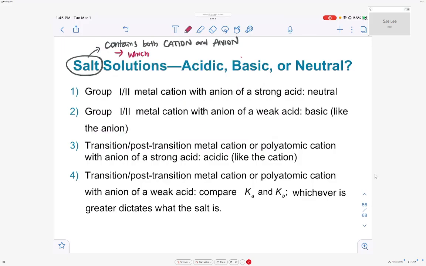The question is, which cation or anion will affect or influence the pH of the system?